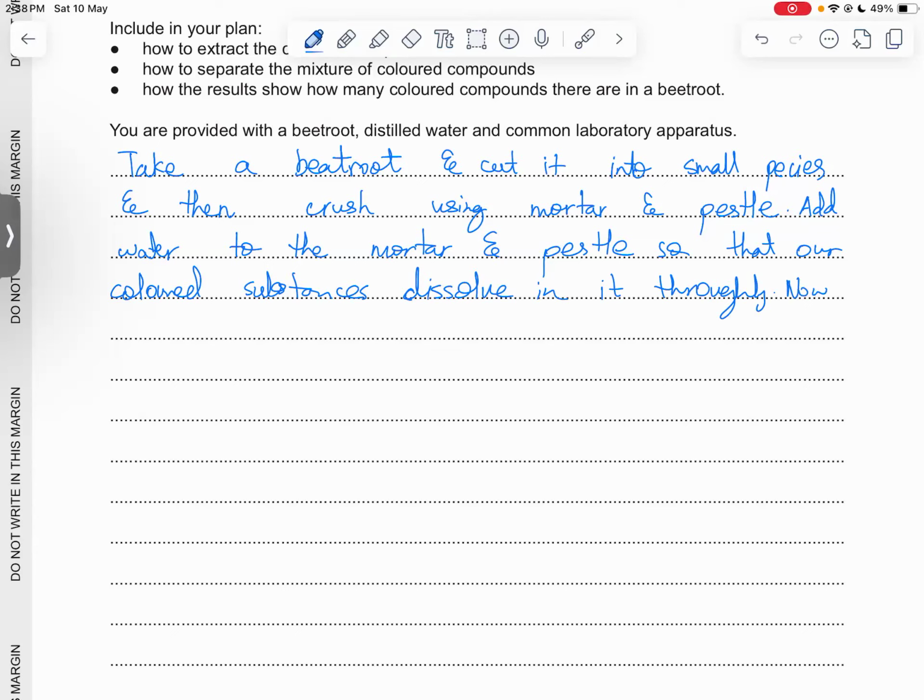Now filter the mixture to remove all insoluble components. Full stop.